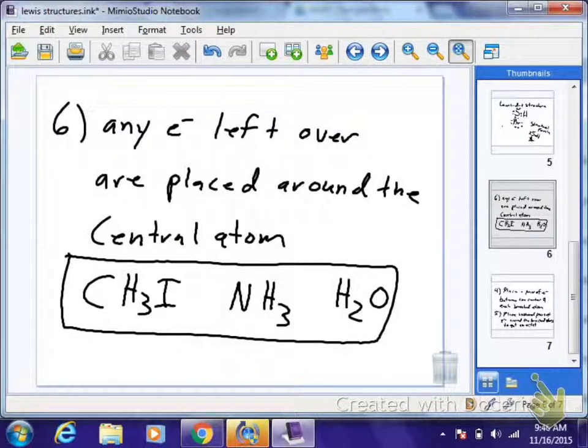Usually the one with multiples will never be your central atom. The central atom usually will be the one that has 1 and only 1 atom. So that's some way you can tell the central atom a lot of times as well. You only have 1 of them listed out. If you have multiple, hydrogen will never be in the center anyway. It's always branched. Okay, so do those for tomorrow.